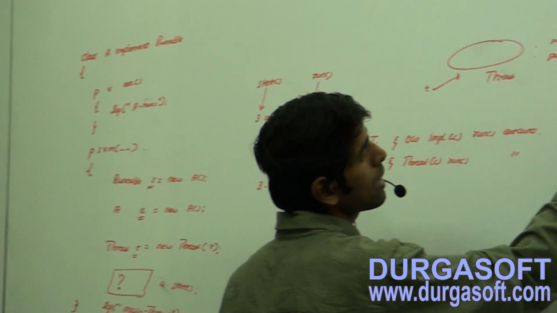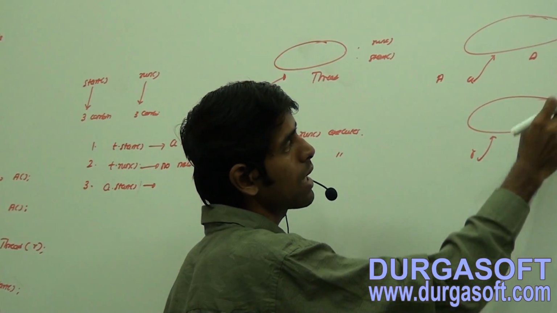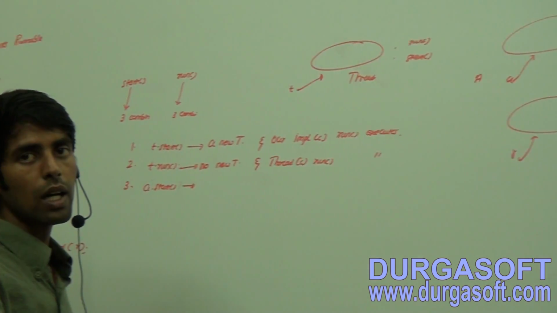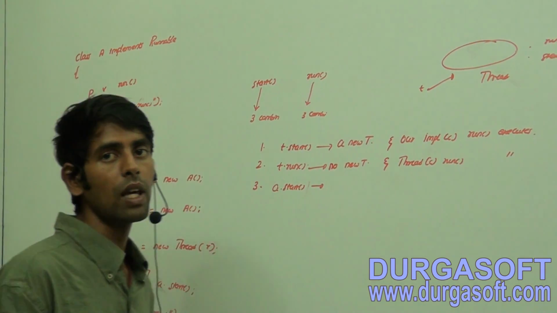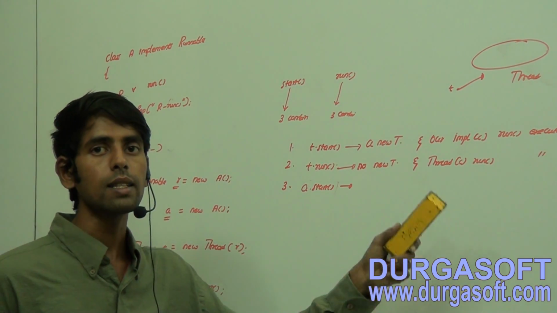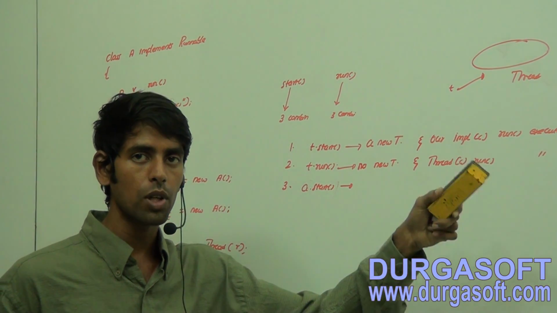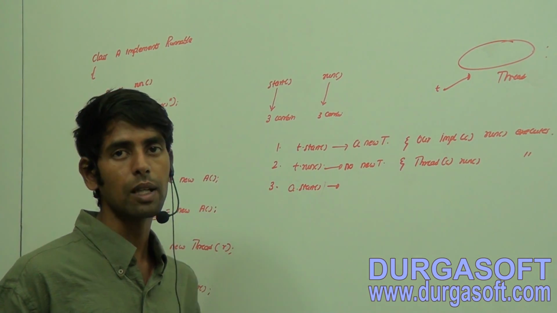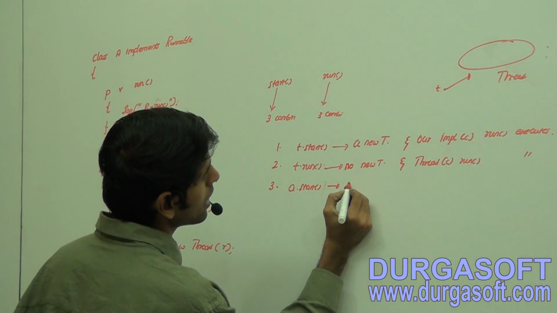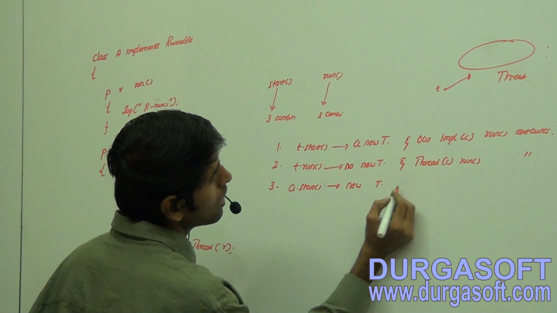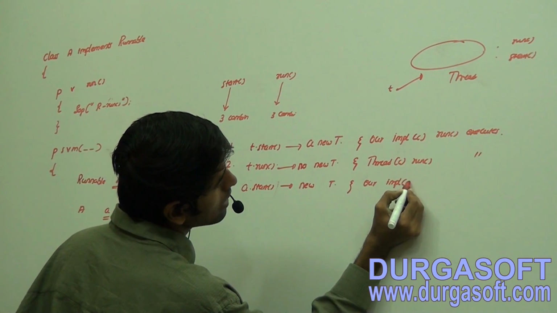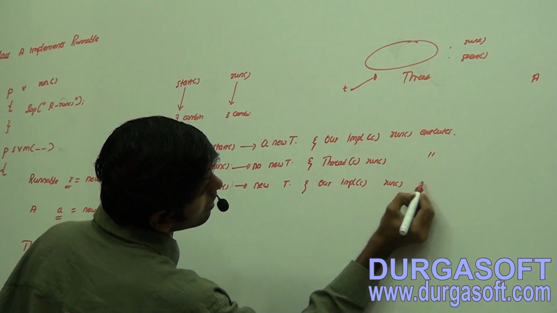A is capital A. Through the inheritance hierarchy, it has inherited the start method implementation from the Thread class. A new thread is going to start, right? And the underlying object of A is the A class only. So a new thread is going to be created, and our class implementation, that is our class run method implementation, is going to execute.